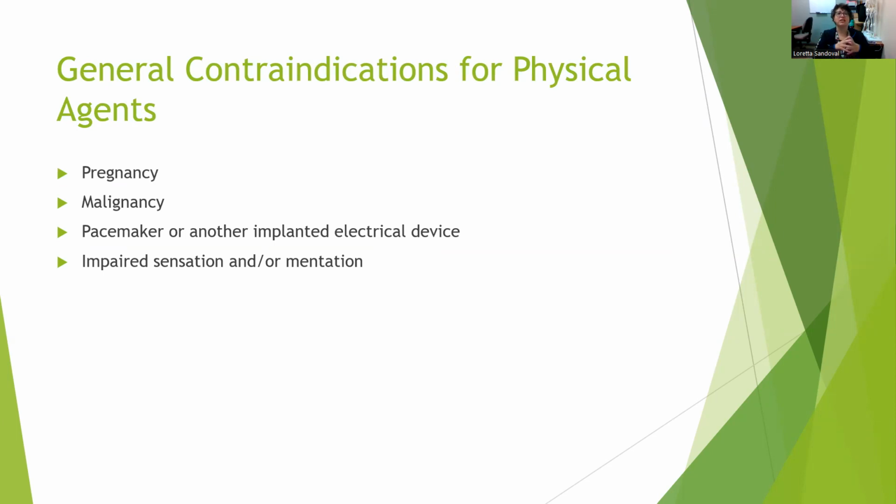For all physical agents, there are basically general contraindications. The first one being pregnancy. If somebody is pregnant, it is generally a contraindication or precaution for the application of any physical agent. We don't want to apply energy to that person's body.